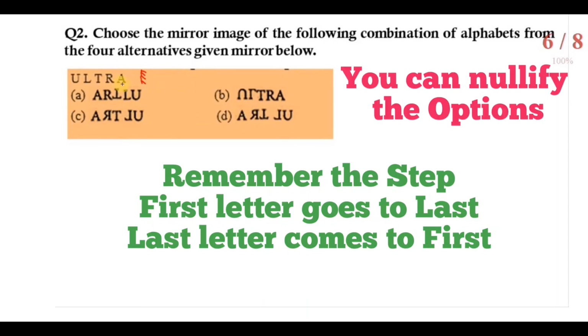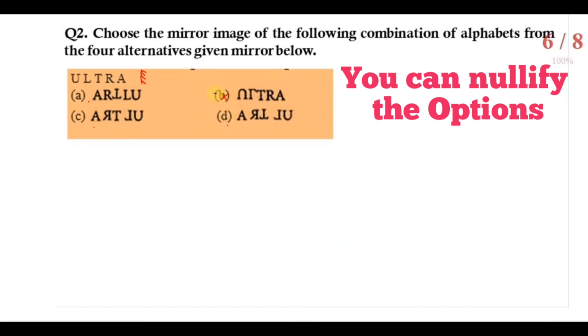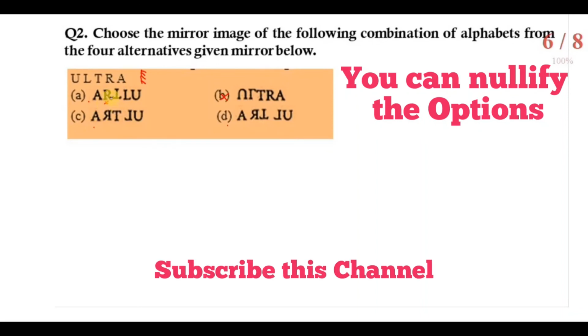So A comes first in the options A, C and D, so B will be a wrong answer. A is coming first, then R will be reflected. Here it is not reflected, so it is wrong. Here it is reflected. Then the next letter is T. T will be as it is, but here the reflection is given, so it is wrong. So option C is correct.